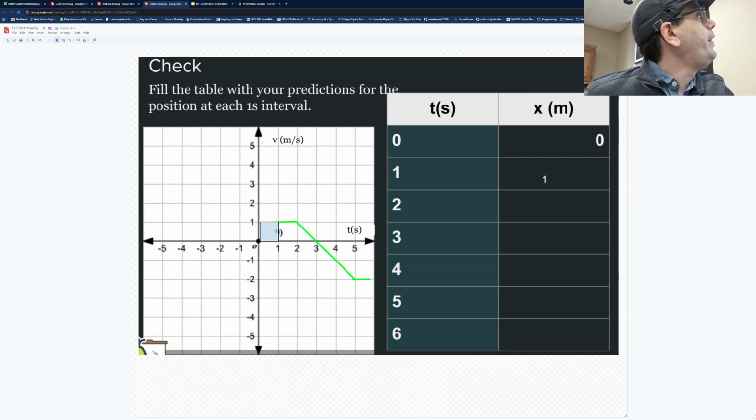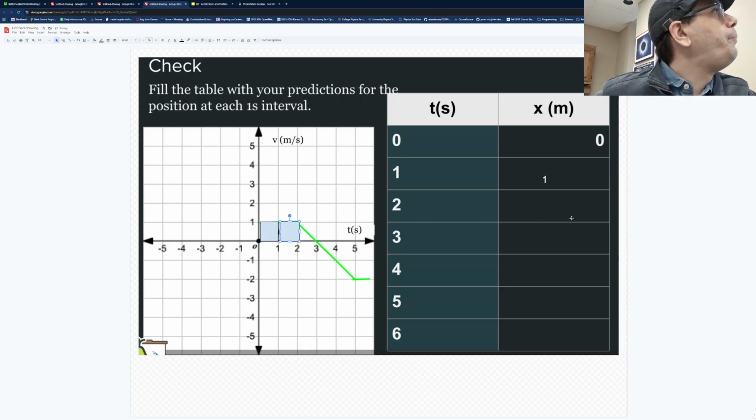So between 1 second and 2 seconds, we have another rectangle, well, square. It goes from there to there. And so the area of this new square is 1. But to get the position value, we need to add that to the 1 that we already had before.